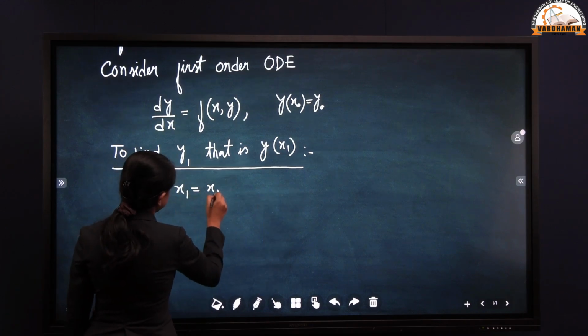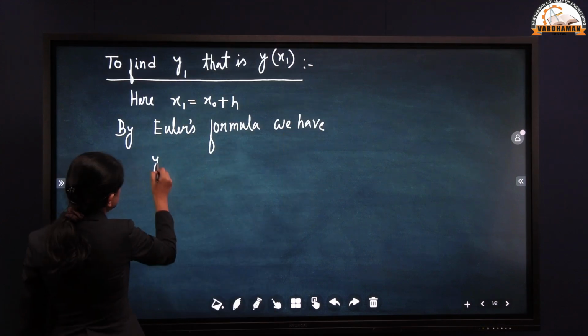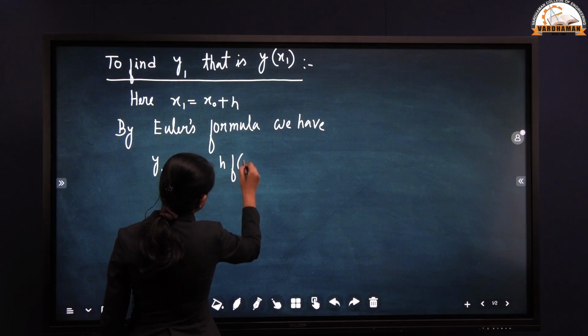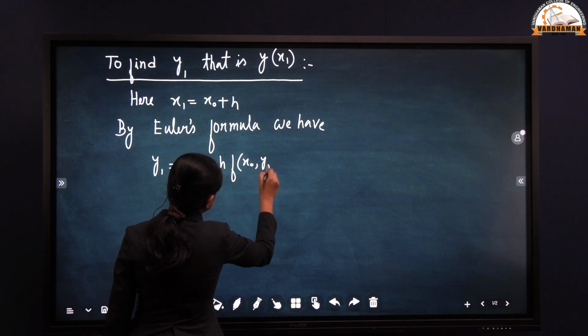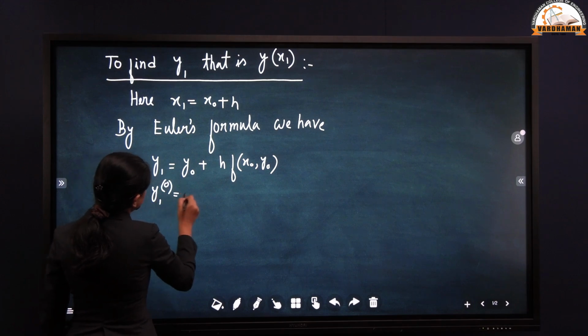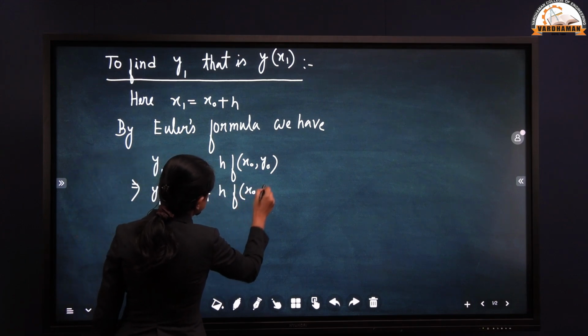x1 is equal to x naught plus h. By Euler's formula, we have y1 equal to y naught plus h into f of x naught comma y naught. So this one we can consider as y1 0 equal to y naught plus h into f of x naught comma y naught.